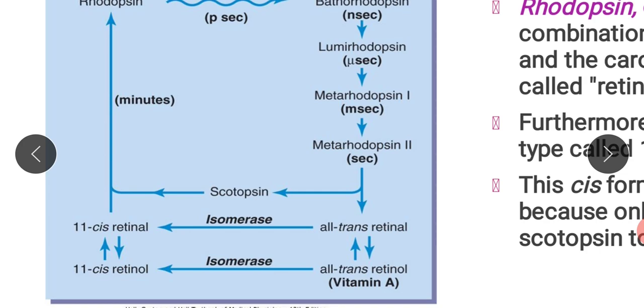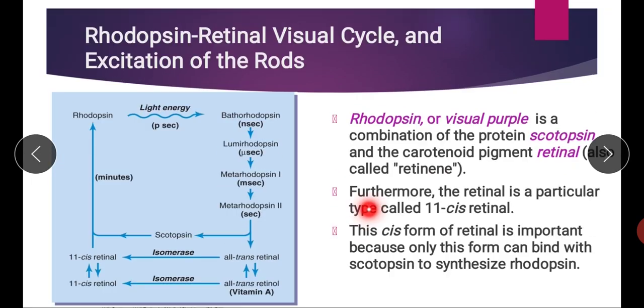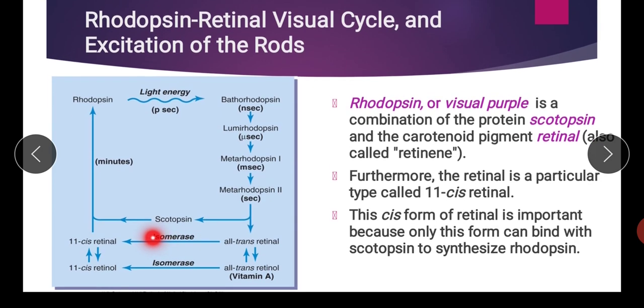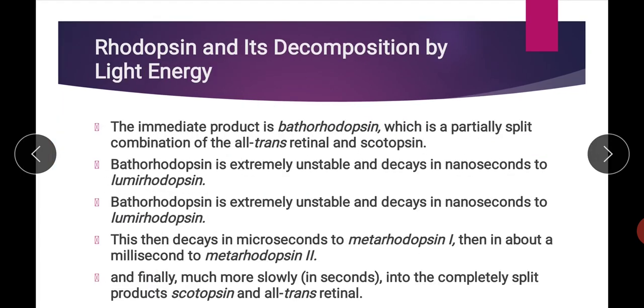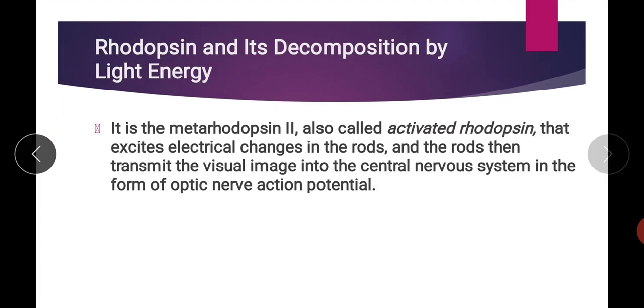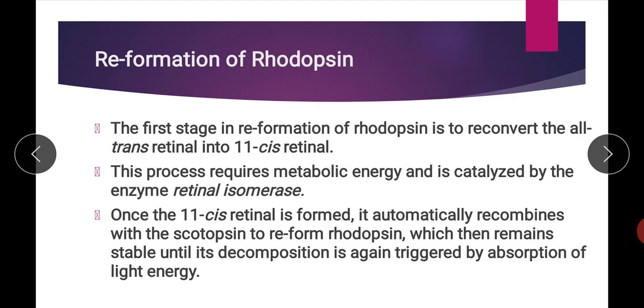After a few seconds or a few minutes, this all trans retinal is also reconverted into 11 cis retinal with the help of the enzyme isomerase. So now we see the process of reconversion or reformation of rhodopsin.